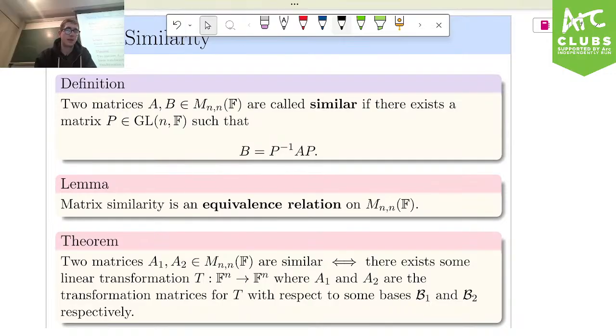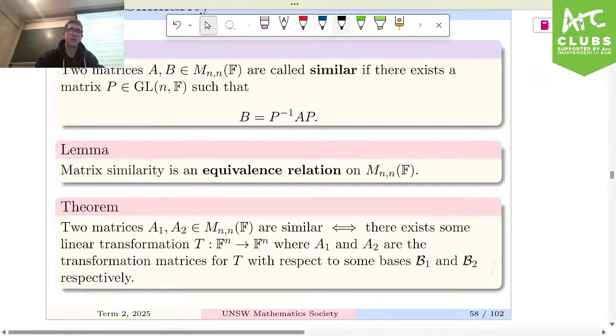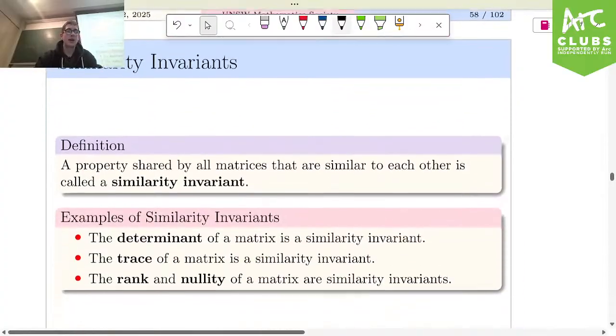So we're saying that matrices A1, A2 are similar if and only if there exist bases B1 and B2 such that A1 represents some linear map T with respect to B1 in the domain and B1 in the codomain, whereas A2 is a matrix representation of the linear map with respect to B1 in the domain and B2 in the codomain. Okay, so the same in the domain and the codomain.